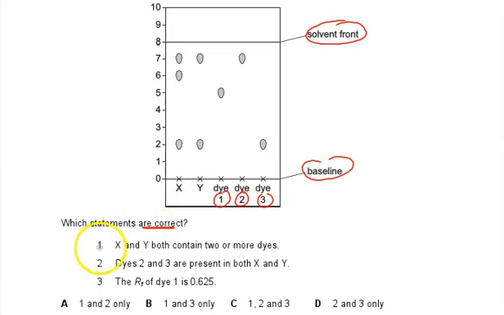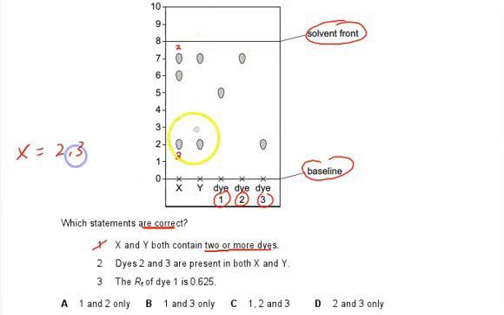Okay, now number 1: X and Y both contain 2 or more dyes. Let us list down over here. If you look at X, it contains dye 2 and 3.